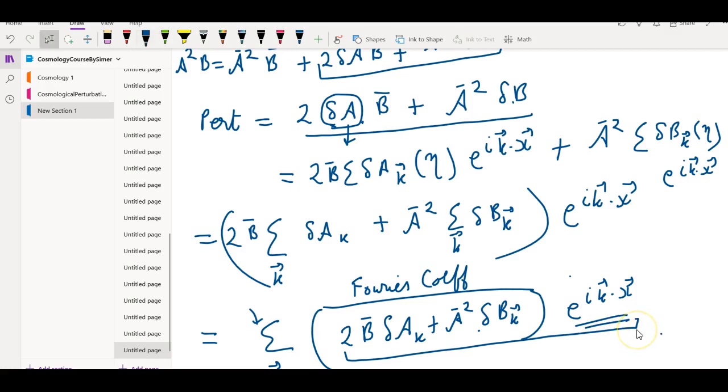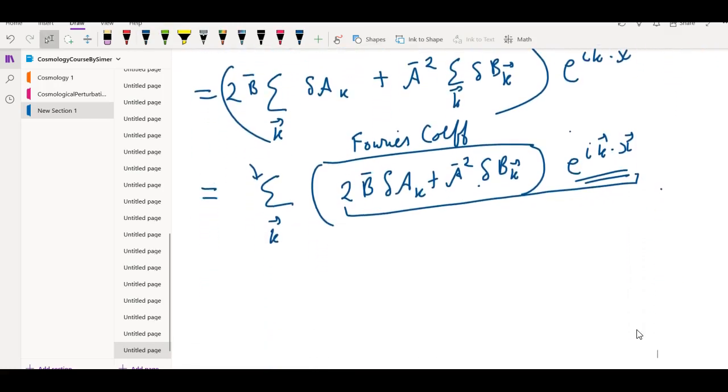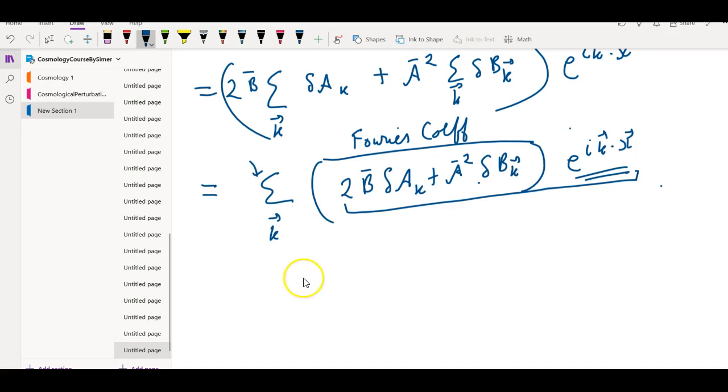Because of this, it is very helpful to write the perturbations in terms of Fourier coefficients. I have one Fourier coefficient as a function of eta.